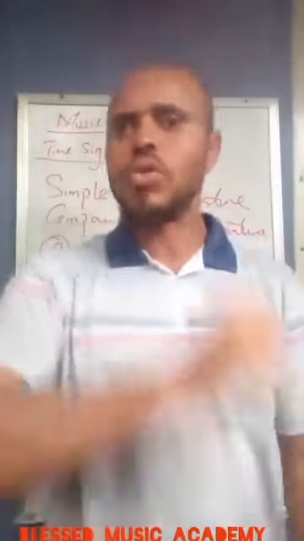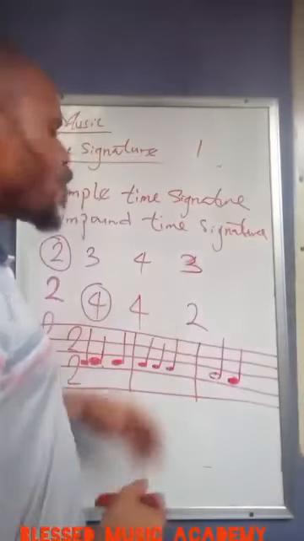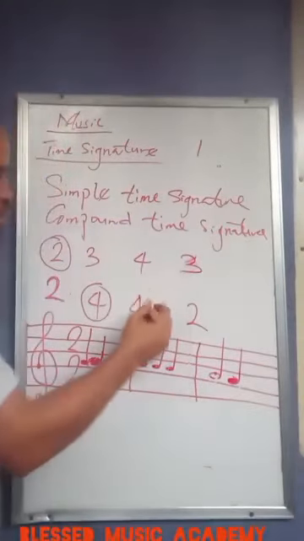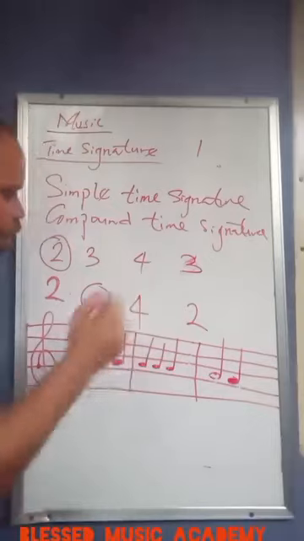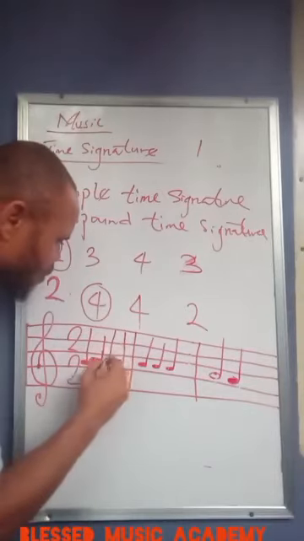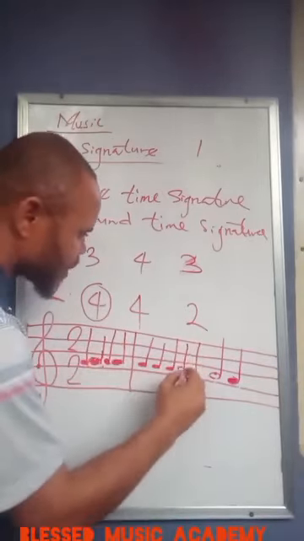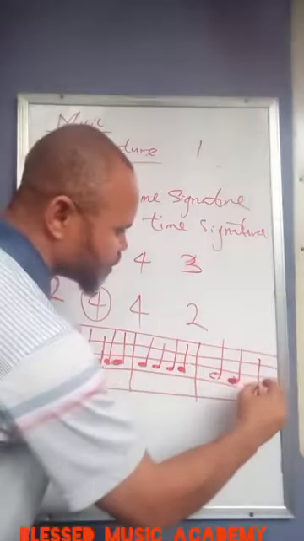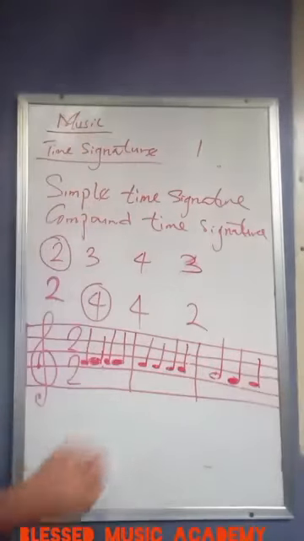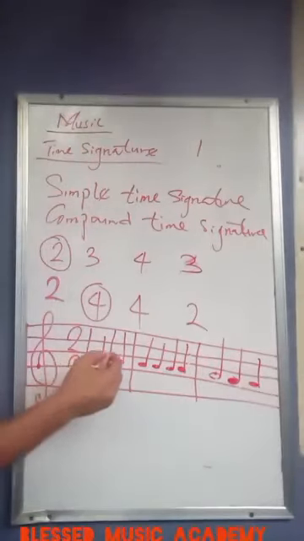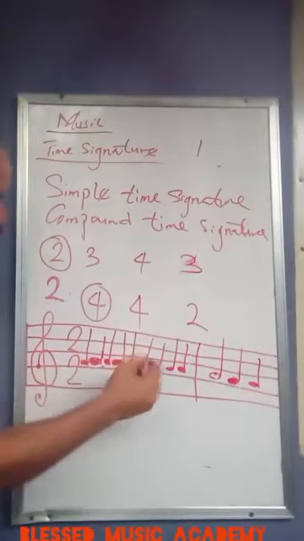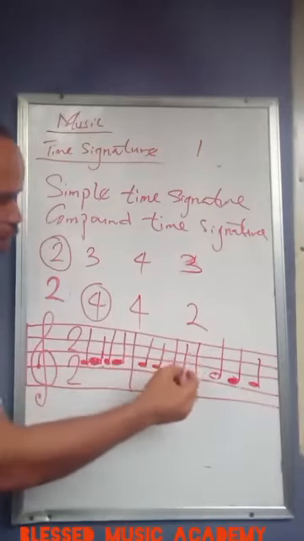And then we have 4 crochet beats in the bar. What that means is that in each of these bars there must be 4 crochet beats. Now it's complete: 1, 2, 3, 4. 1, 2, 3, 4.